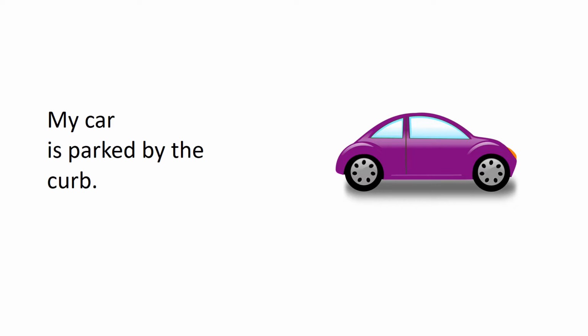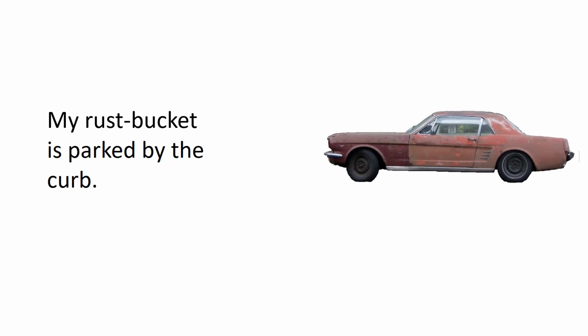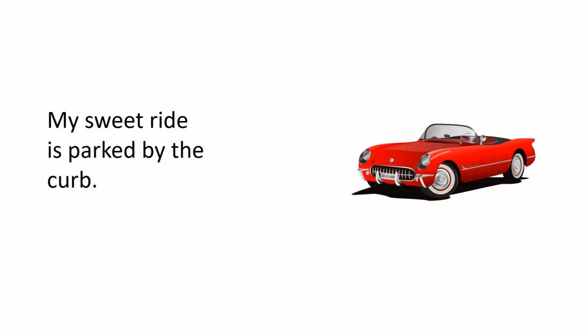Using the word car in the first sentence might evoke a thought of whatever kind of car you might associate with the kind of person you perceive me to be. Using the phrase old jalopy in the second sentence, however, evokes something different, probably an older model in less than top condition. Rust bucket evokes yet a different image, something in even worse shape, while sweet ride suggests something nicer.